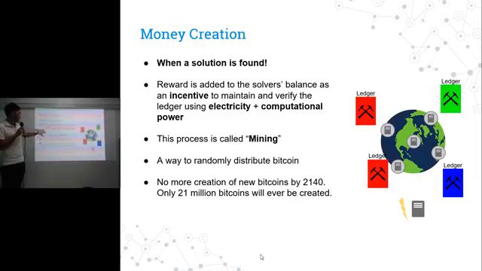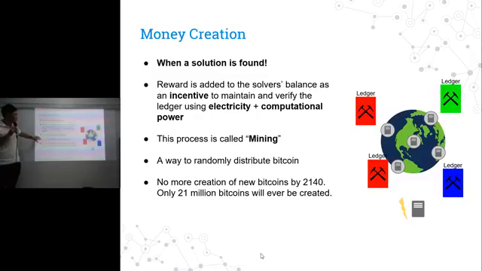So this process is called mining. And these guys are not actually mining for money. They are actually securing the network by maintaining the ledger. But at the same time, they get rewarded with Bitcoins because of the work that they have done. This method is used to create Bitcoin because the solution that is being found for the proof of work is quite random.